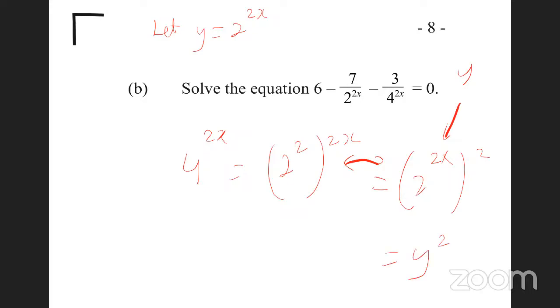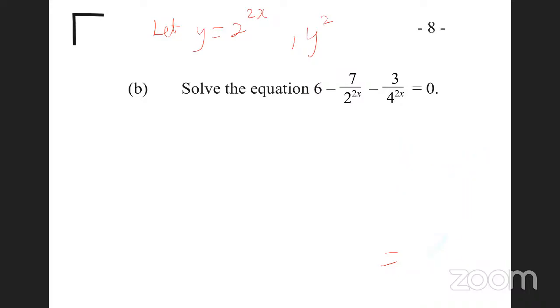So we'll get y squared. Just rearrange it because you don't want the fraction to work with. Rearrange it and solve the quadratic. Remember, you don't want the denominator there.